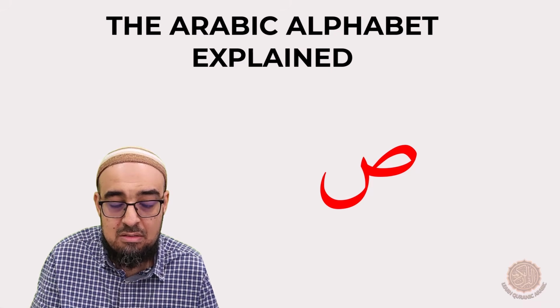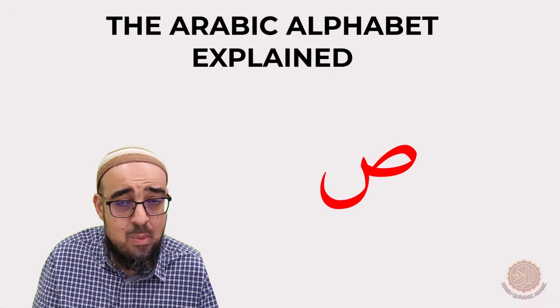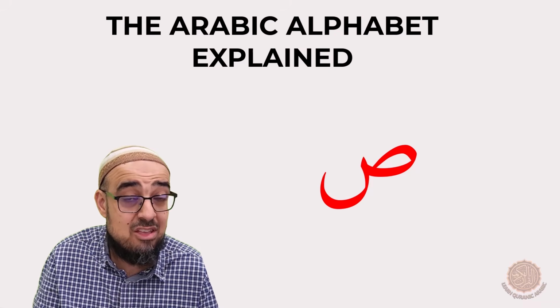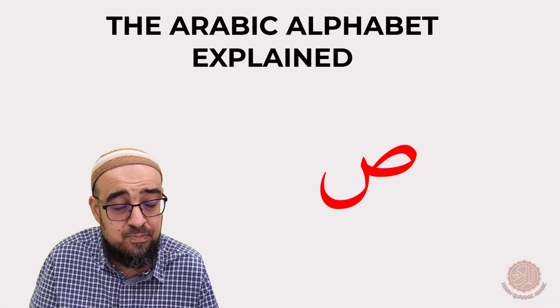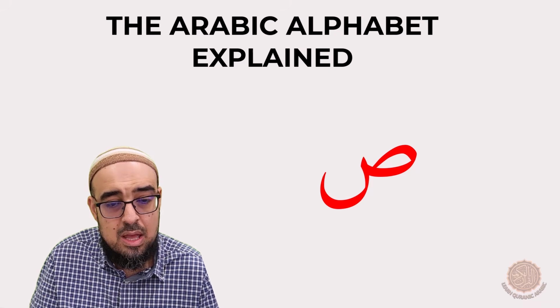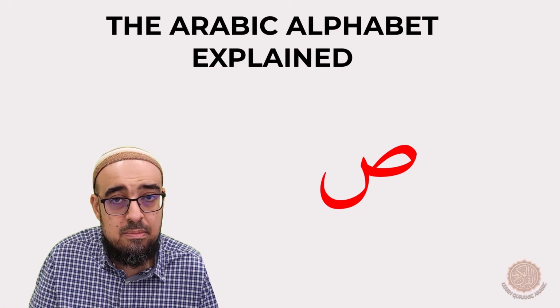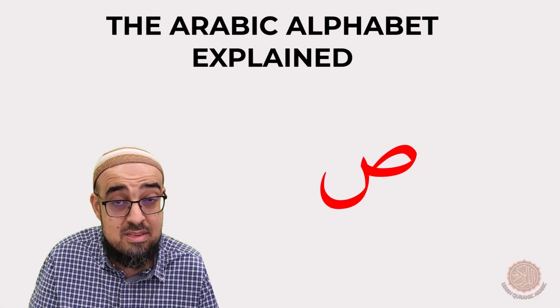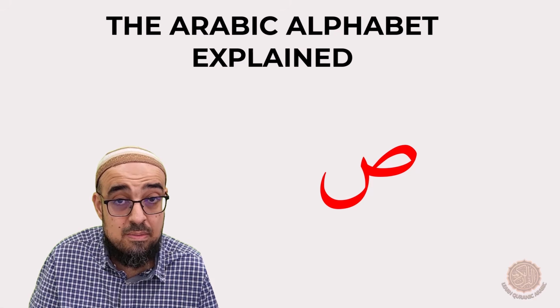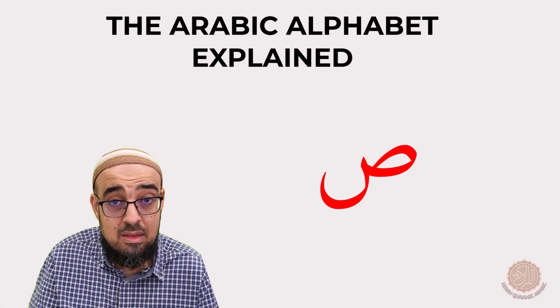I'm going to pronounce two words, one with a seen first and then with a sod, just to show you the difference. Sem, some. Notice the difference. Sem, that's the seen sound. Some, that's the sod. For example, we have the word sub.